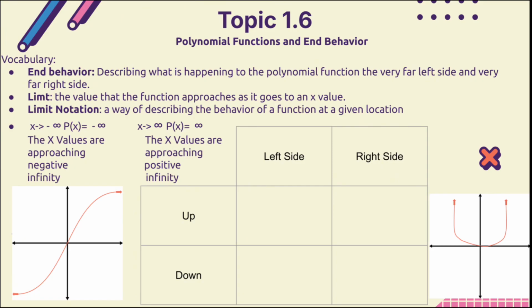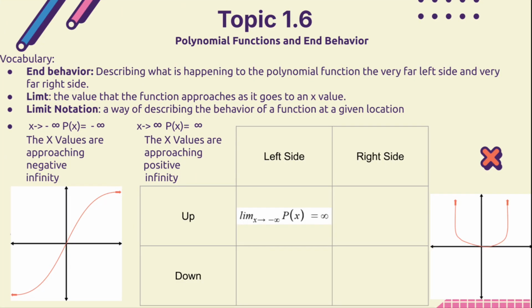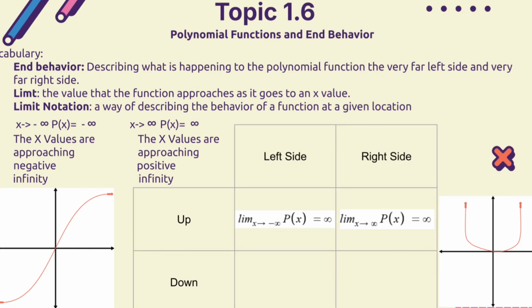So on the table, it's going to describe from the left side, if the arrows are going upward, then it would be the limit as x approaches negative infinity, our x values, p of x, our function, equals positive infinity, our y values. On the right side, as arrows are going upward, the limit as x approaches positive infinity, our right side x values, p of x, equals positive infinity, our y values.